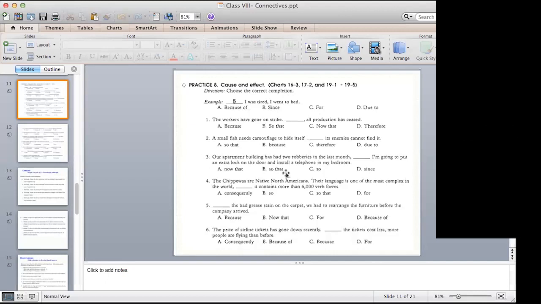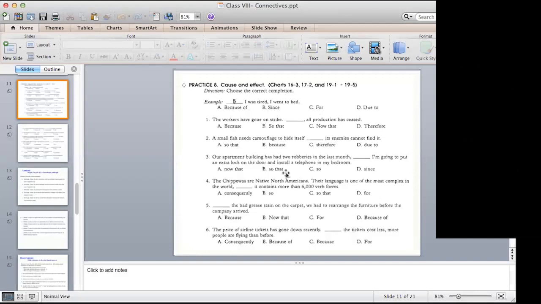All right, so we have B, since I was tired, comma, I went to bed. The workers have gone on strike. All production has ceased. So what should we use here? Because, so that, now that, therefore.